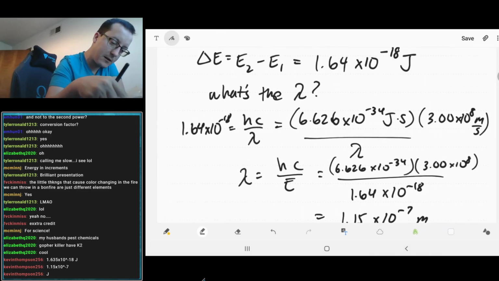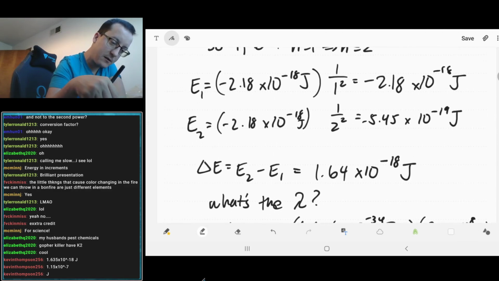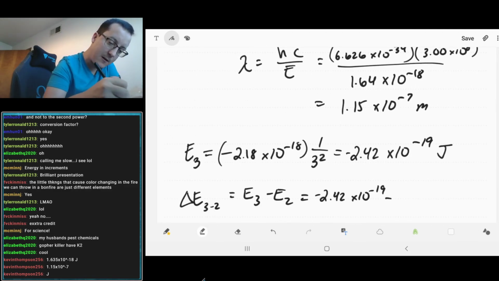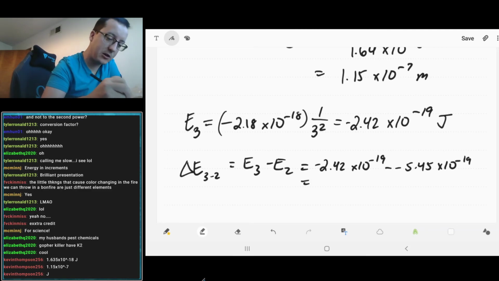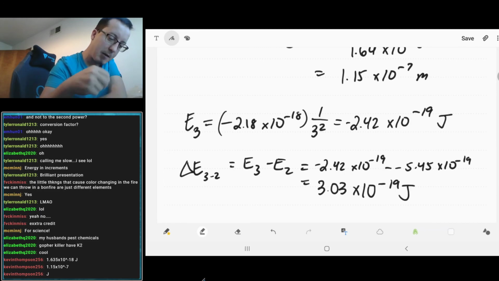What was the first one? 5.45. The energy for that transition is going to be 3.03 times 10 to the negative 19 joules.